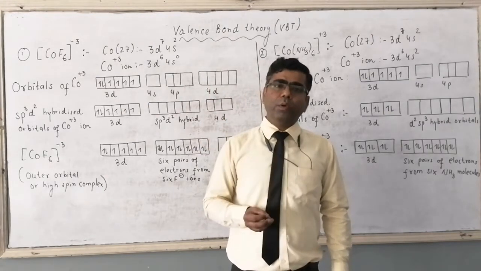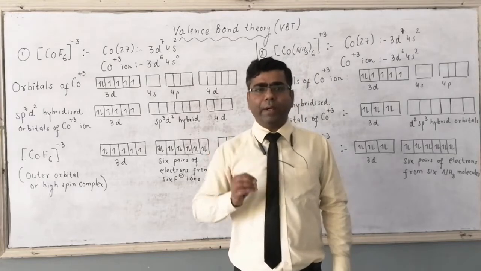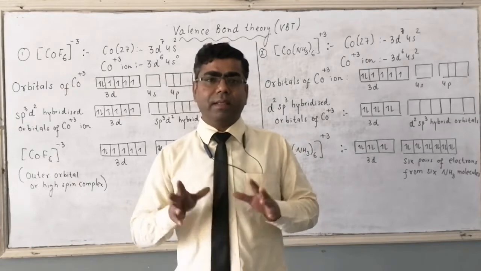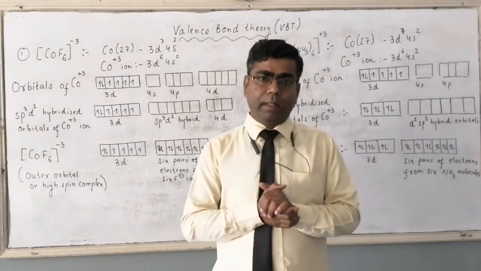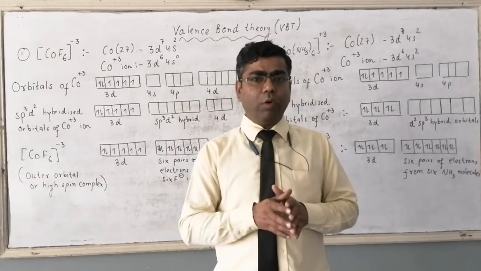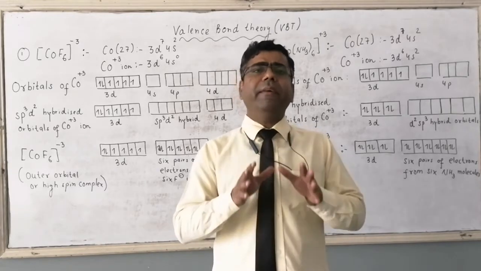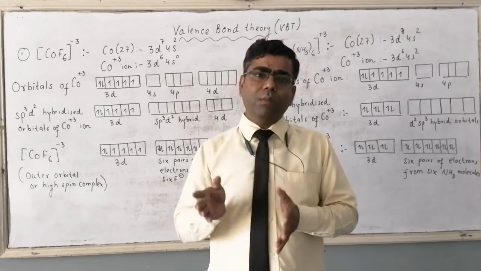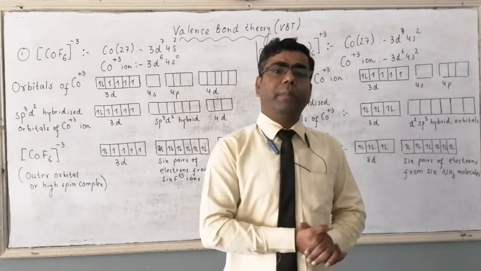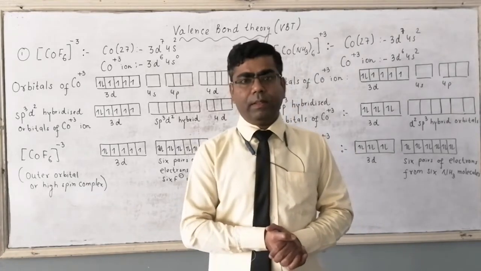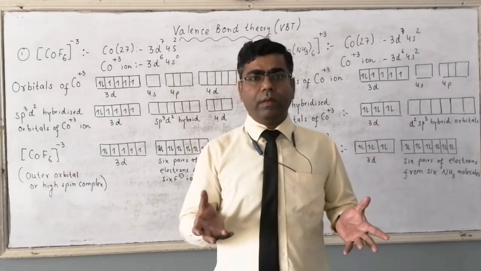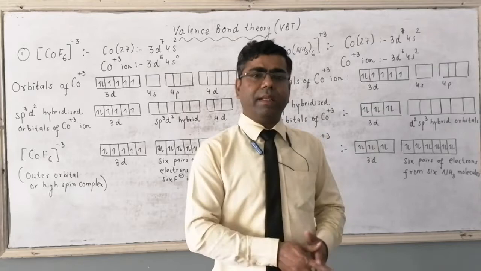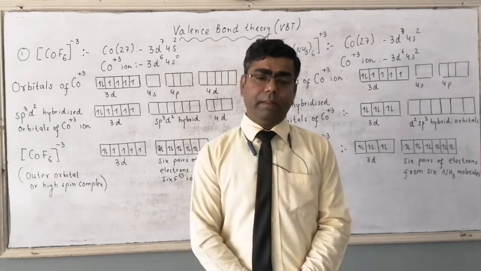Ligands are contributing their lone pair of electrons in the vacant orbitals of the central metal atom or central metal ion. It means the central metal atom or central metal ion must have a sufficient number of vacant orbitals in which the ligand molecules can donate their lone pair of electrons. As a result, a bond can be formed between ligand and the central metal atom or central metal ion.